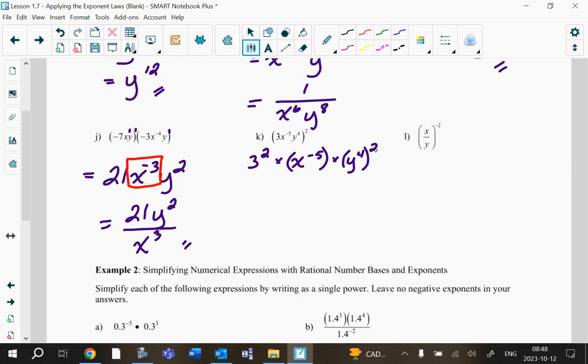Well, 3 squared, that's not an exponent law. What is 3 squared? 9. Whoops, forgot the little 2 there. What is x to the negative 5th to the 2nd? X to the negative 10. And what about the last one? Y to the 8th.